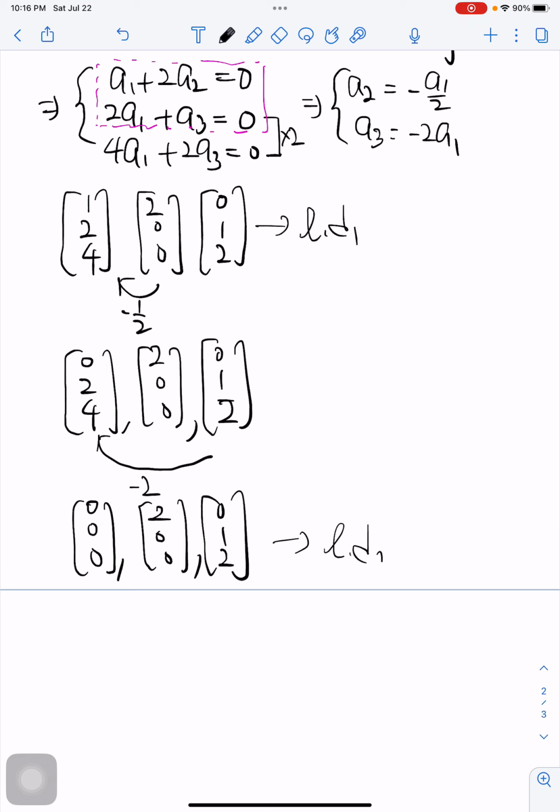The reason behind this is that we have carried out only linear combinations. Okay? By carrying out linear combinations, you will not change their property in terms of linear dependence. No matter how many linear combinations you have tried, if you end up with linearly independent vectors, then the original ones are linearly independent.